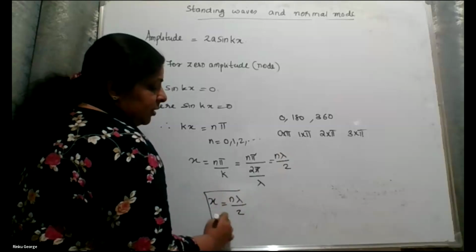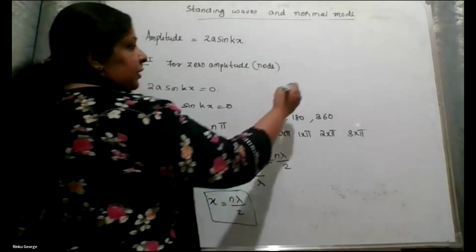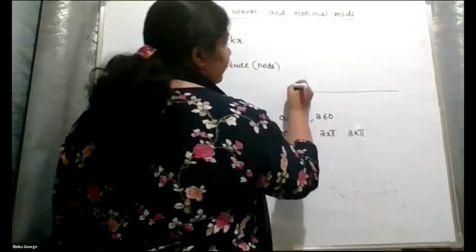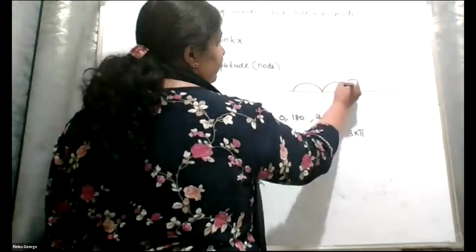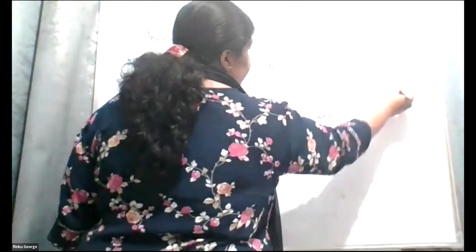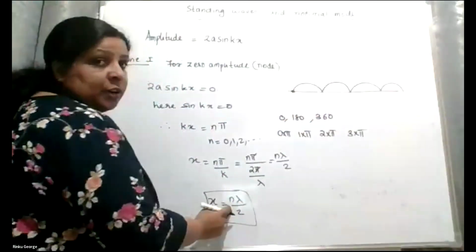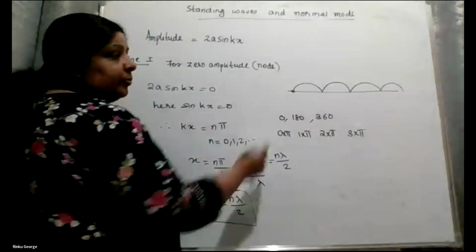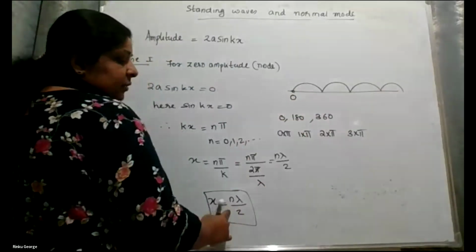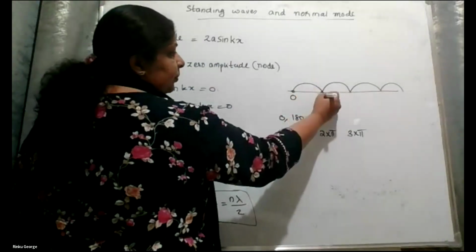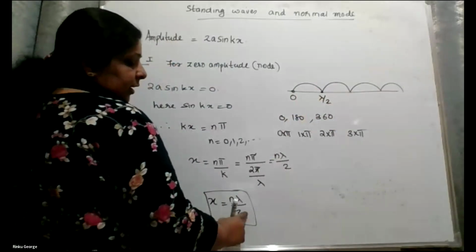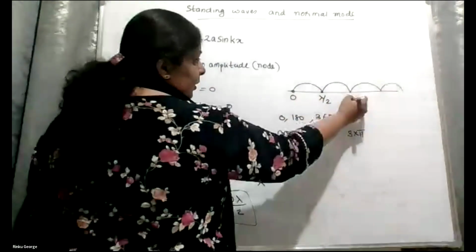What does that mean? If you draw a wave, put n as 0, what you will get? X equal to 0. Then n as 1, you will get lambda by 2. N is 2, you will get lambda.